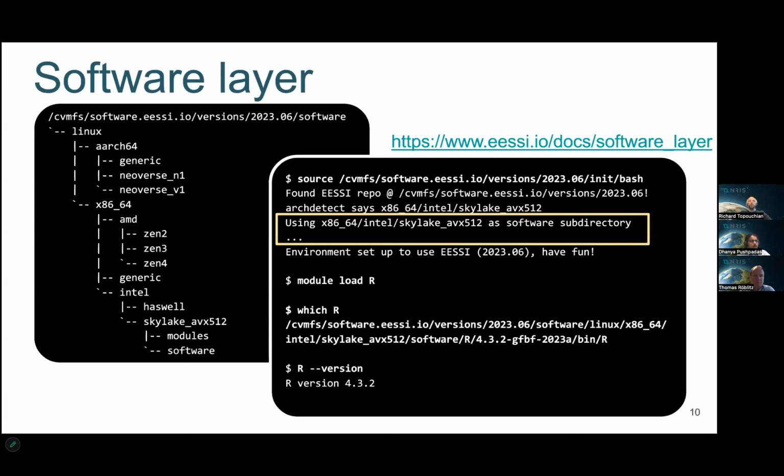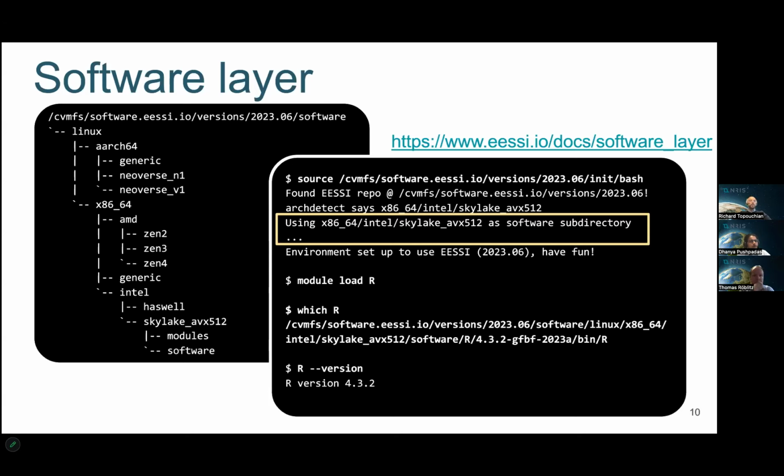Selecting the right software tree is taken care of by leveraging the archspec tool. It allows for detecting a machine's microarchitecture, and in case there is no native support for it within the EESSI software stack, it can query for the best matching compatible microarchitecture that is supported by EESSI.